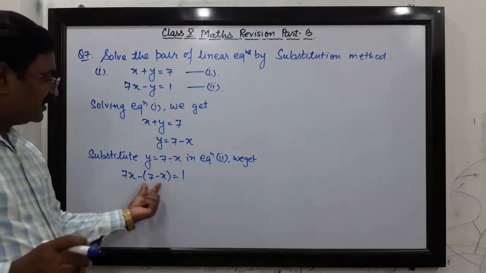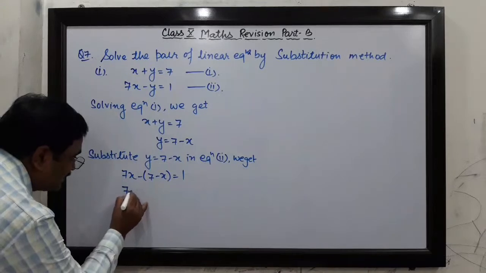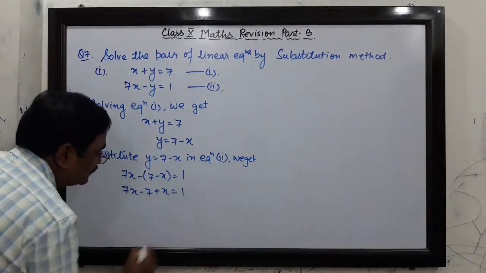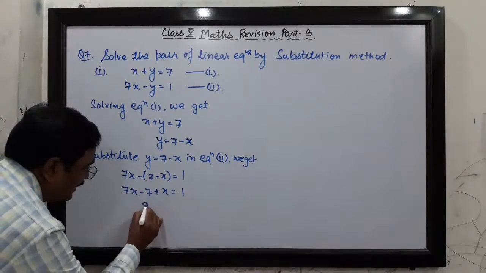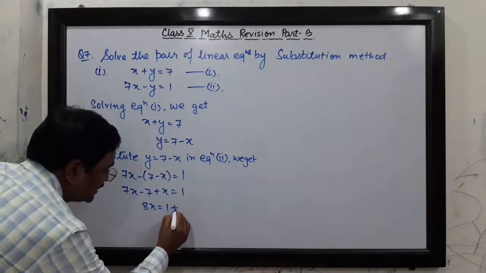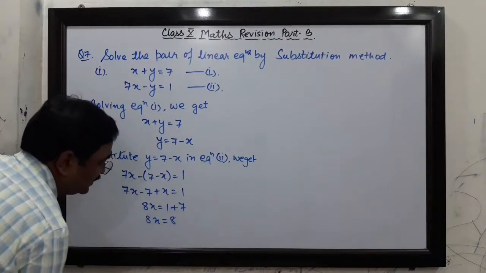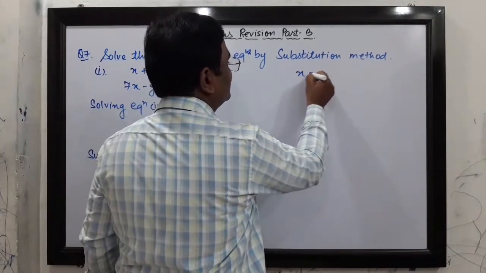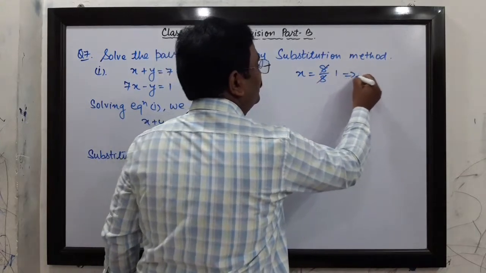We have substituted this value of y in it. Now let us solve it. 7x minus 7 plus x is equal to 1. So you will get 7x plus 1x, which is 8x, is equal to 1 plus 7. Therefore 8x is equal to 8. So x is equal to 8 upon 8, which is 1.